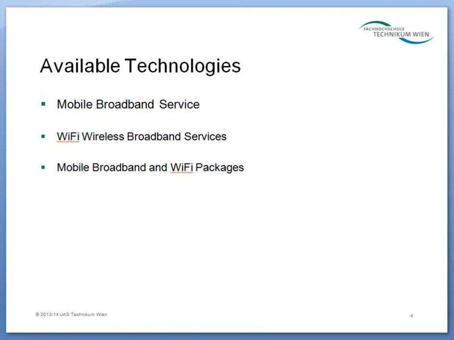The second one is Wi-Fi wireless broadband service, which is usually available at fixed locations like libraries, but also available on some buses and ferries, etc. And the last one is the mobile broadband and Wi-Fi package.